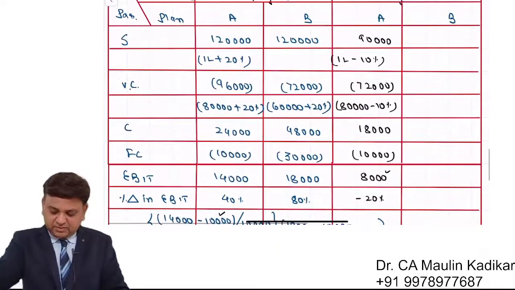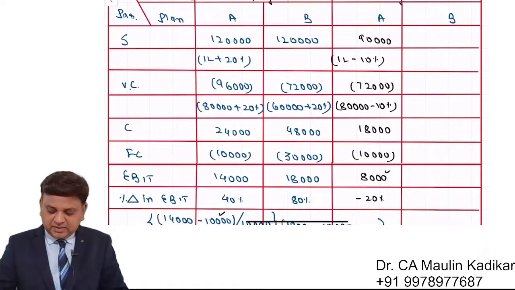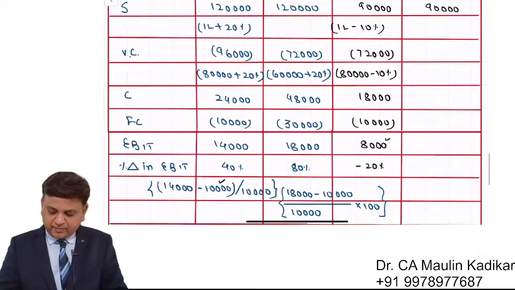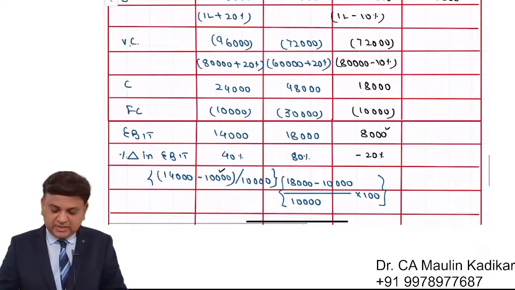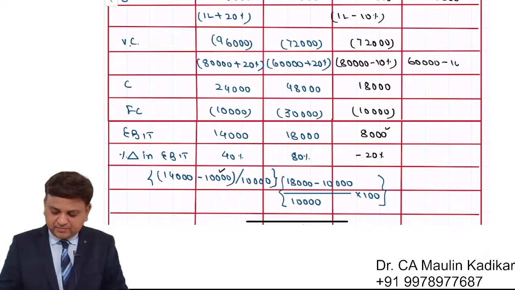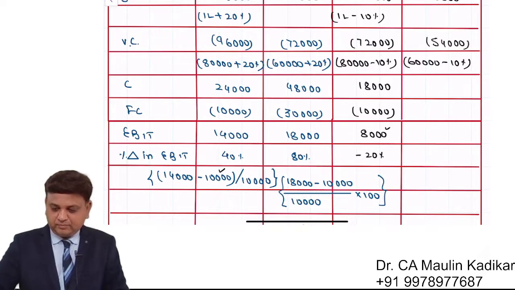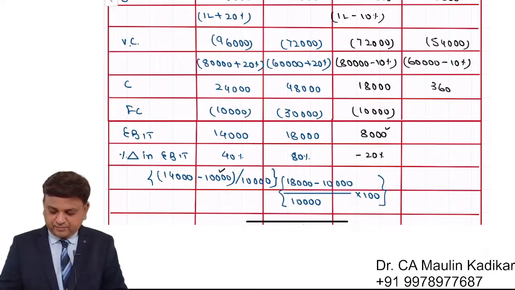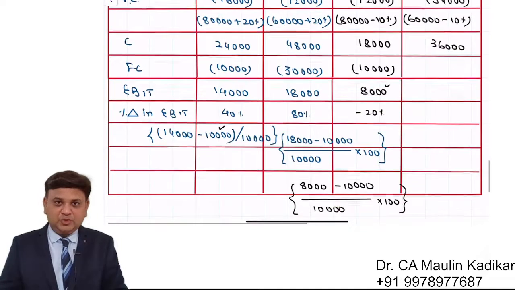The last one. Again, the sales will reduce to 90,000. Variable cost will be 60,000 minus 10 percent. That comes to 54,000. So contribution is 36,000. Fixed cost no change.